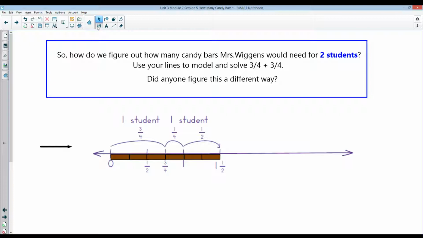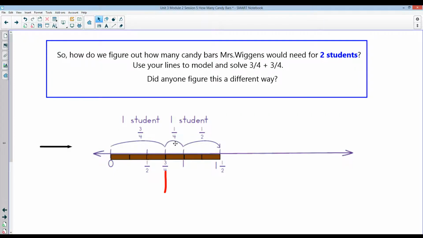This is one student right here. So we could have handed out those fourths. 1, 2, 3, that's 3/4. There's another 1, 2, 3. That's 6/4 or 1.5.